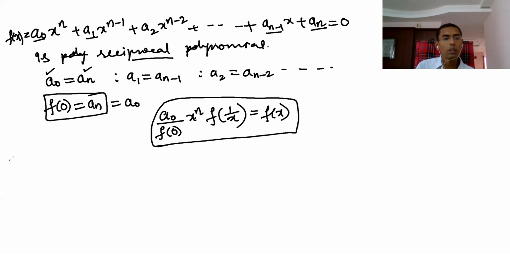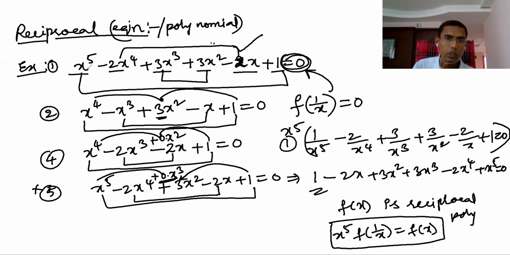So then you may ask, what is the use of learning reciprocal polynomials or recognizing whether it is a reciprocal polynomial or not? First thing is, if it is a reciprocal polynomial, then immediately just by seeing you can understand what its roots are.